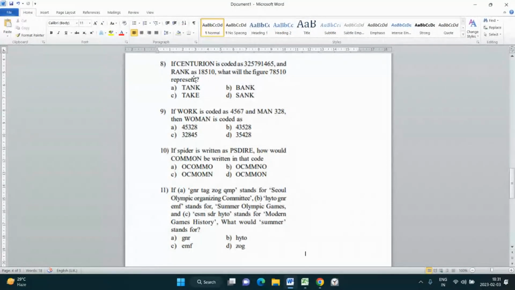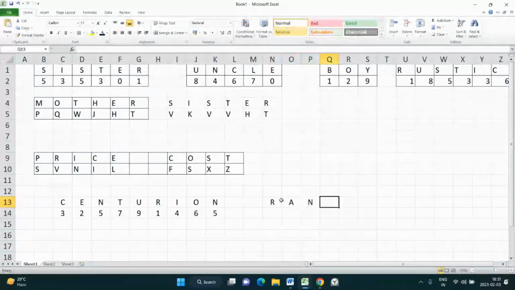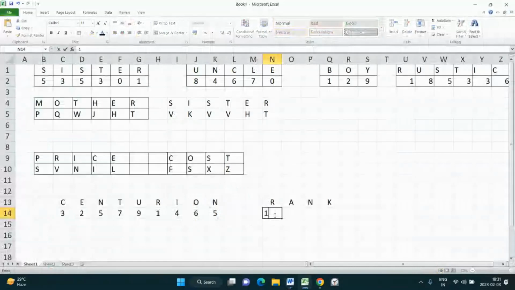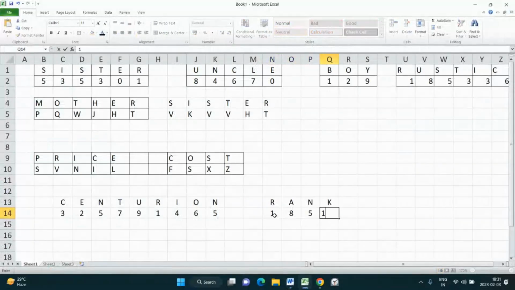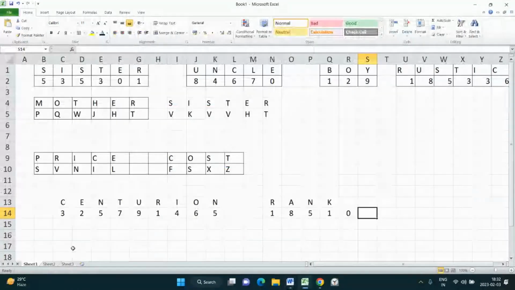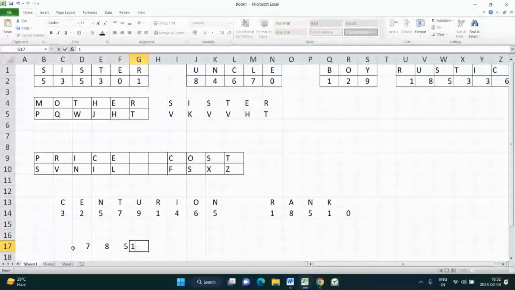And rank as 18510. R A N K is 18510. What will the figure 78510 represent? 78510.